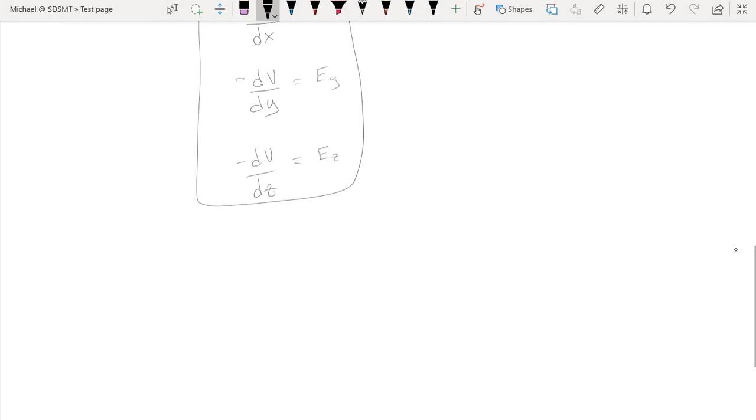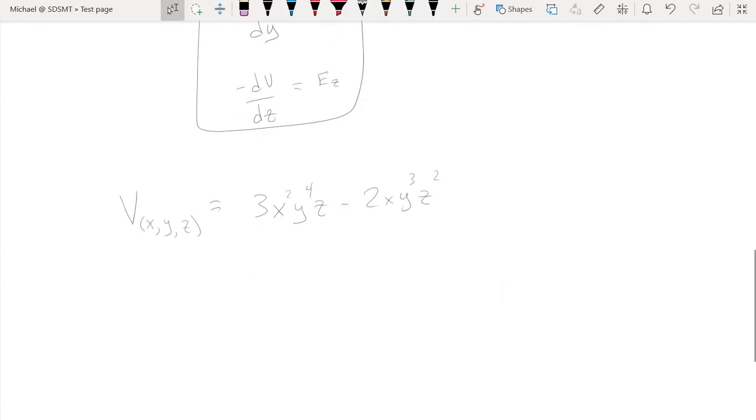Case in point, I'm going to start us with an example here. We're going to have an electric potential function of 3x squared y to the 4th z minus 2x y cubed z squared. I know, it looks kind of like a nightmare.